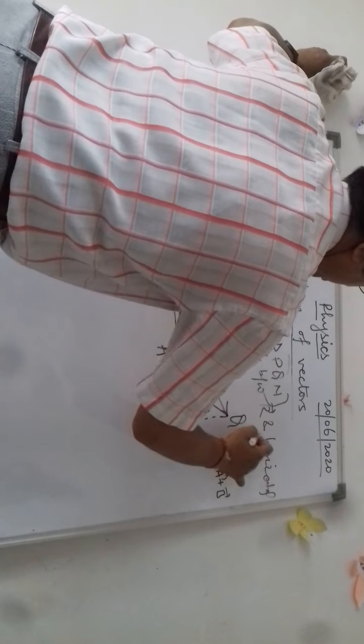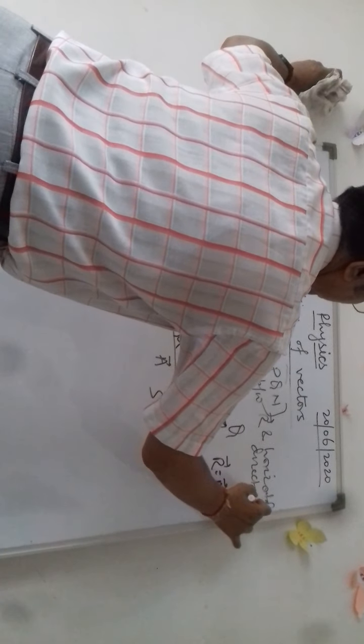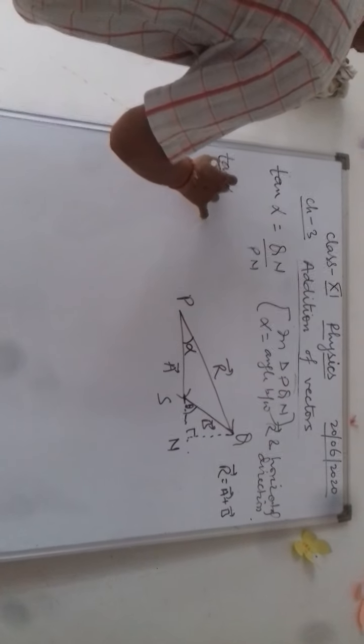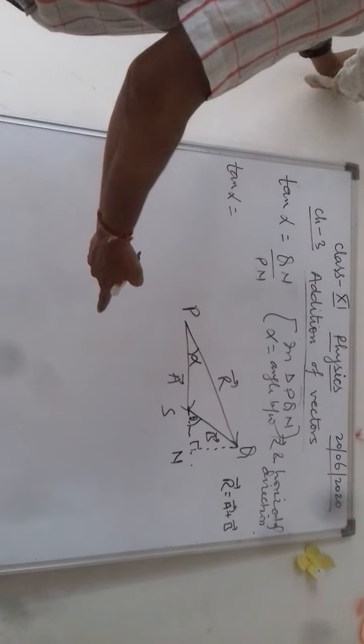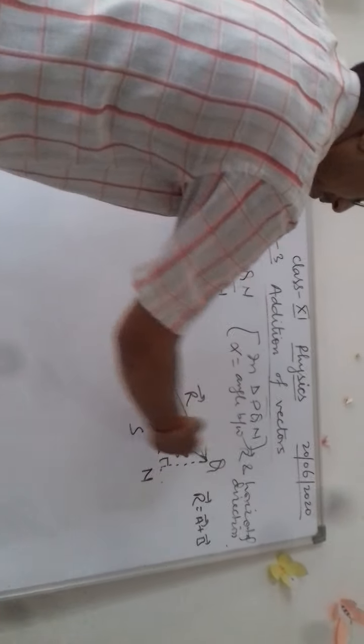Here alpha is the angle between R and the horizontal direction. Now we can write tan alpha equal to QN, and as we have already discussed in the previous section, the value of QN is equal to B sin theta.